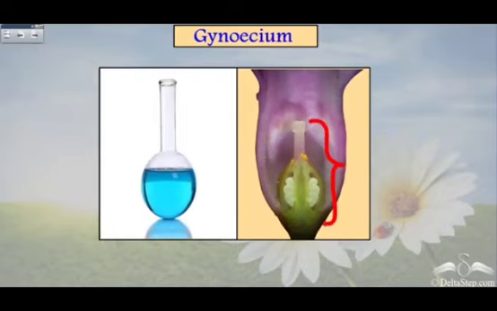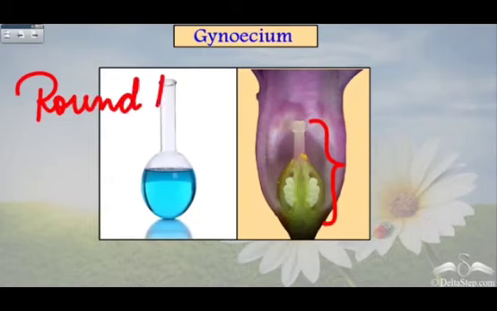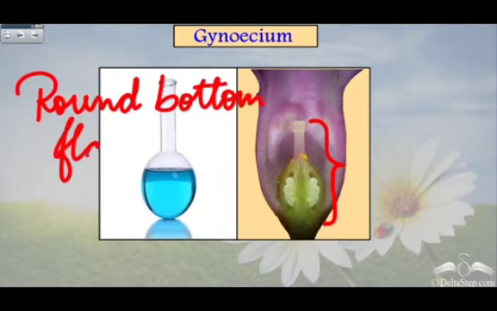Can you see? It is so much similar to a round bottom flask. So, the gynoecium of a flower looks just like a round bottom flask in a laboratory.